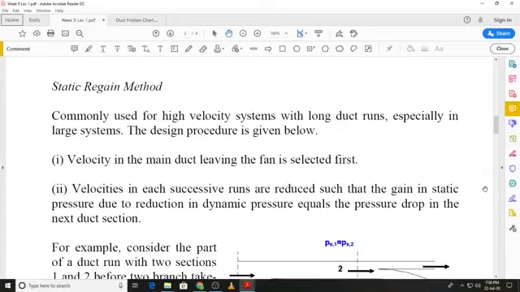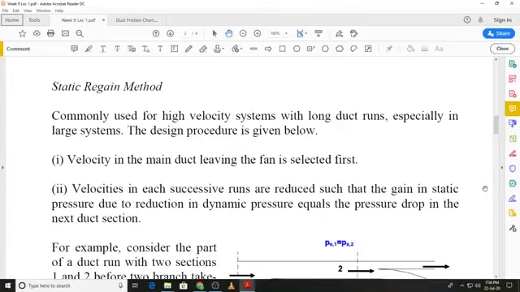So that's why it is more suitable for high velocity systems, because you start with low velocity systems, then you will end up with very low velocities later on in the duct layout, which will not be practical for our requirements. So that is why it is commonly used for high velocity systems. Another restriction is that it is used for designing supply duct networks and not for return duct layouts.